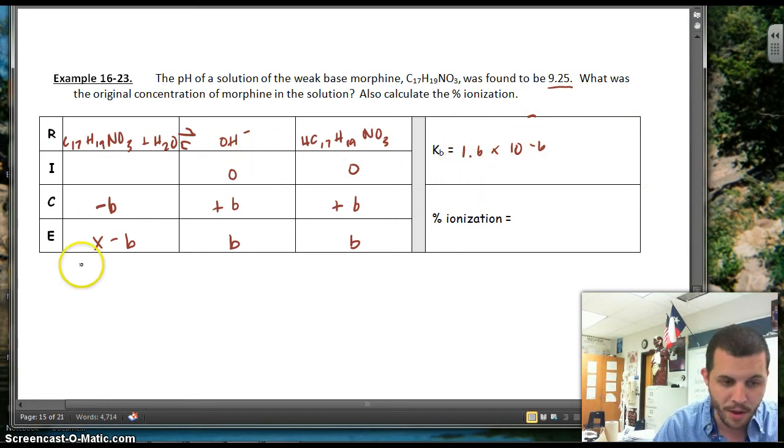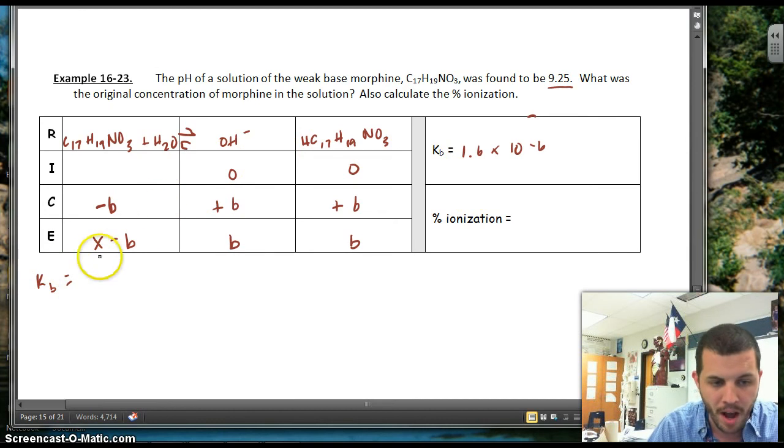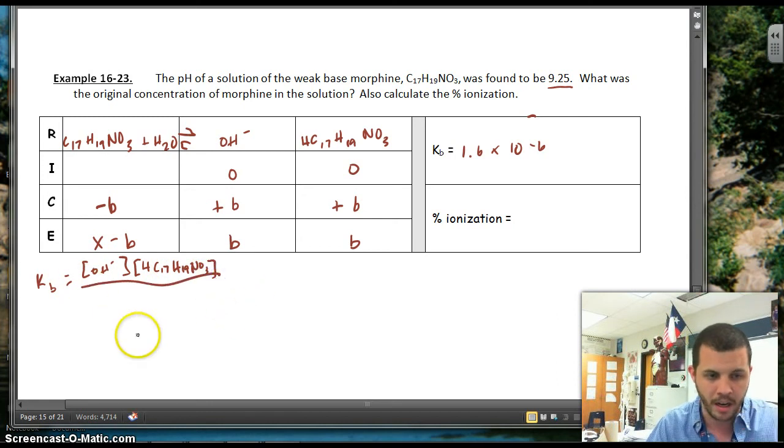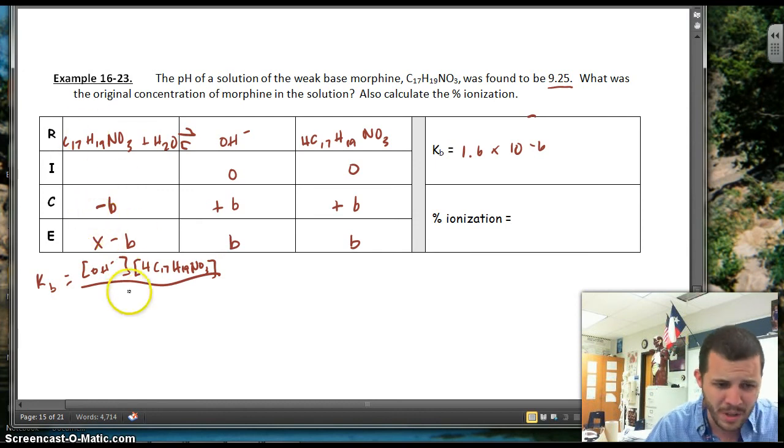So I know that my expression is going to be Kb equals my products, OH minus times HC17H19NO3, over my reactant, which is just C17H19NO3. I'm not going to include H2O because it's a pure liquid.